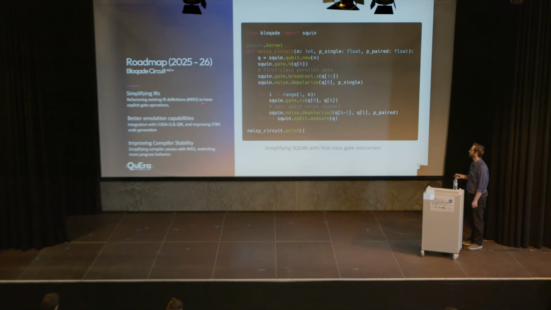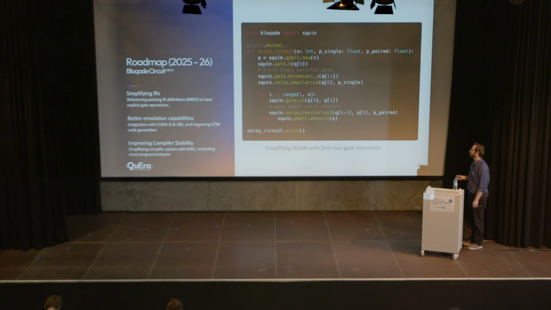If you're interested in the discussion, you can check out this PR number 492 on the Bloqade circuits GitHub page. The other thing that is on our roadmap is we want to integrate with CUDA-Q and QIR. This is very important for getting the best performance out of GPU-accelerated devices for simulation.